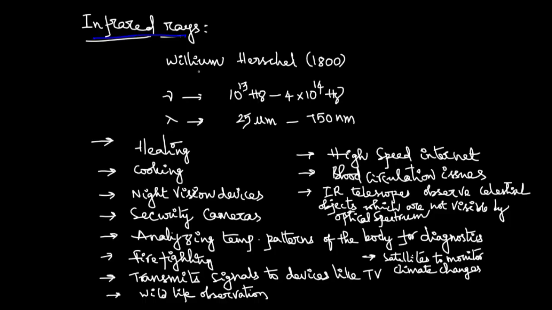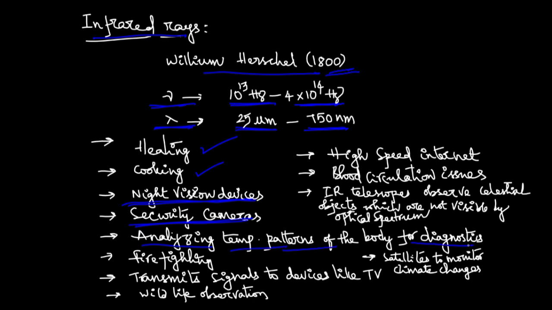Infrared rays were discovered by Herschel in the year 1800, and the frequency range is from 10 power 13 Hz to 4 into 10 power 14 Hz, and the wavelength range is from 25 micrometers, micro means 10 power minus 6, 25 into 10 power minus 6 meters, to 750 nanometers. And infrared rays are used in heating and cooking. These are used in night vision devices like night vision goggles, in security cameras, and in analyzing temperature patterns of the body for diagnostics.